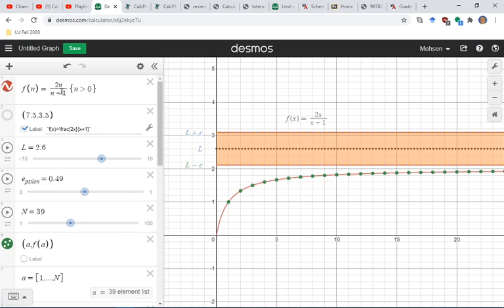When n is equal to 2, this becomes 4 over 3, which is almost 1.3, this point. So these values are represented by these dots, and the red curve is the function itself with all the intermediate values.